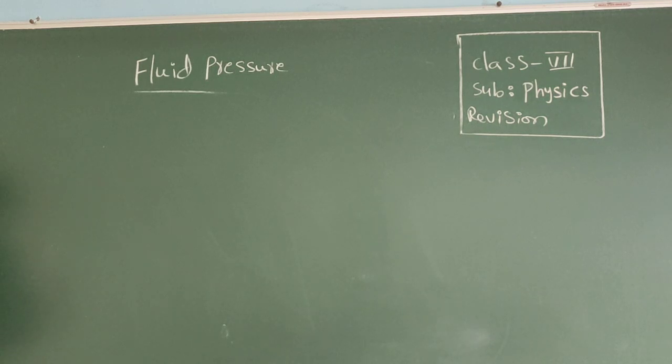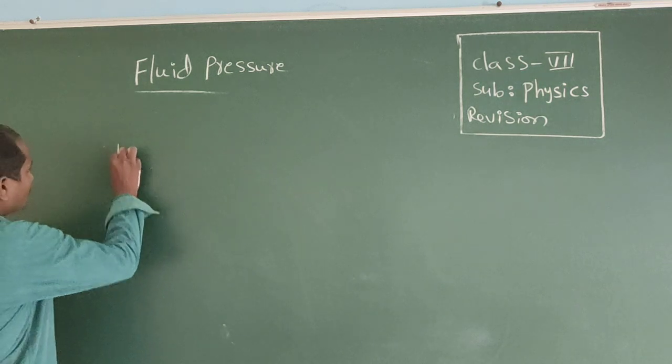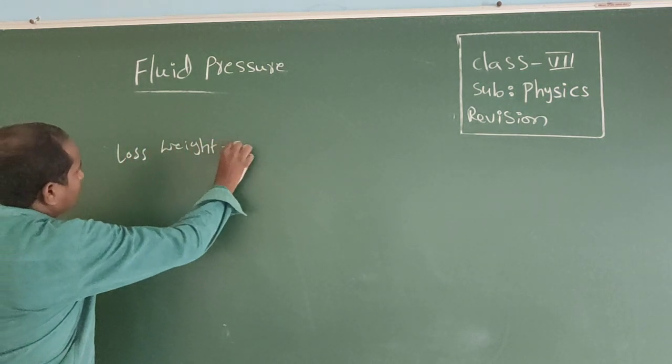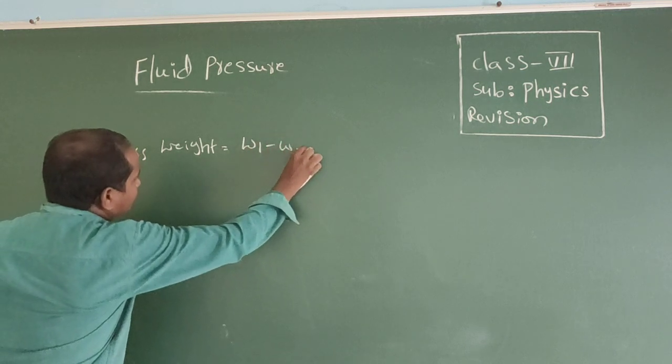That is called Archimedes principle. Loss of weight is equal to W1 minus W2.